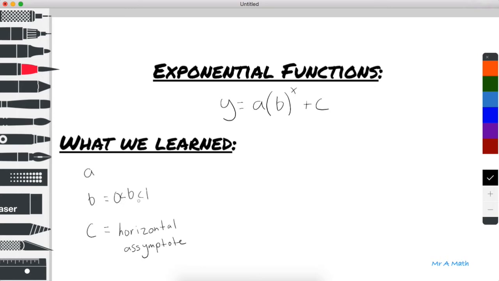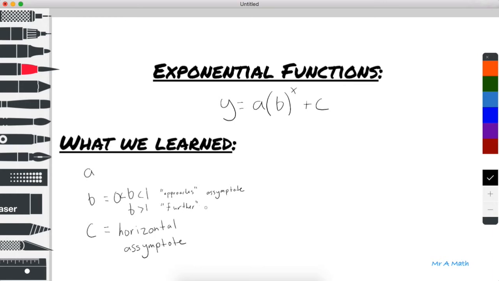And we found when b is between 0 and 1, we would say that b approaches our horizontal asymptote. And then when b was greater than 1, we said that it goes further from the asymptote.